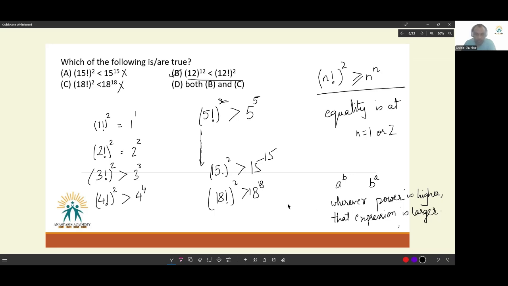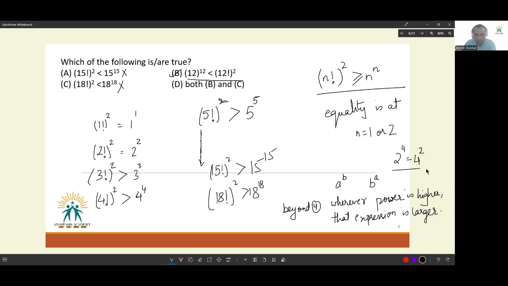But then this also has a caveat. This is true for numbers beyond 4. Because there is just one solution case where a raised to the power b is equal to b raised to the power a, where a and b are distinct. The only possible solution case is 2 raised to the power 4 is equal to 4 raised to the power 2.